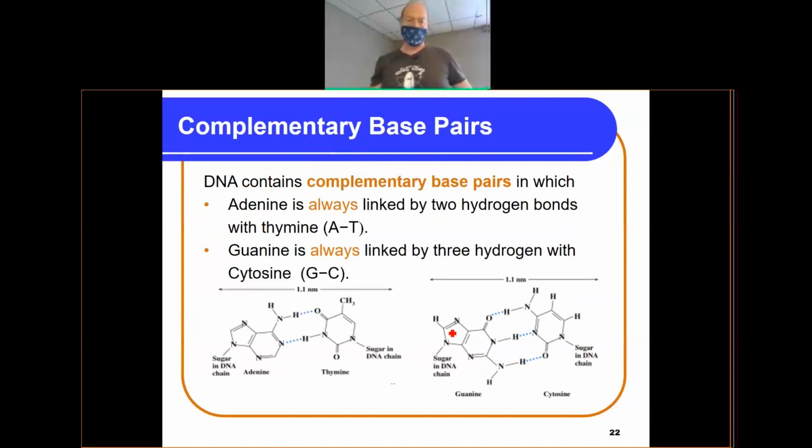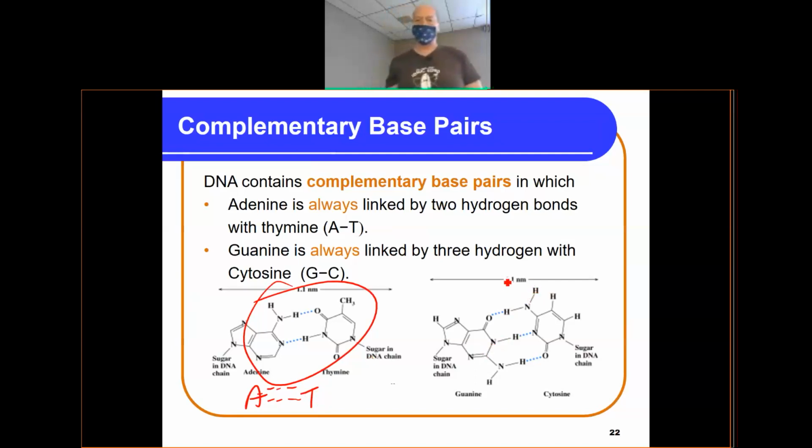All right, so we talked about the adenine, thymine only having two hydrogen bonds, and that's why they have the two dashes. All right, there it is, showing the two hydrogen bonds between your adenine and thymine. And then your GC, your guanine, cytosine, has the three hydrogen bonds, and we show the three hydrogen bonds there.